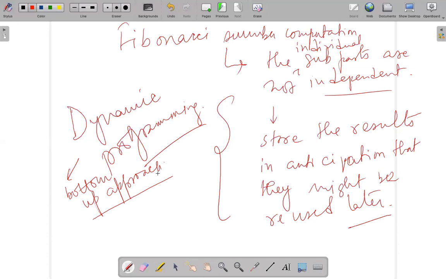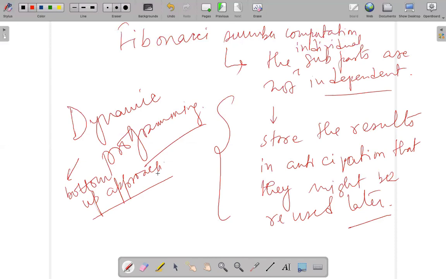Unlike the divide and conquer technique, which tries to look at the problem from a top-down perspective, the dynamic programming approach tries to look at the problem from a bottom-up perspective.